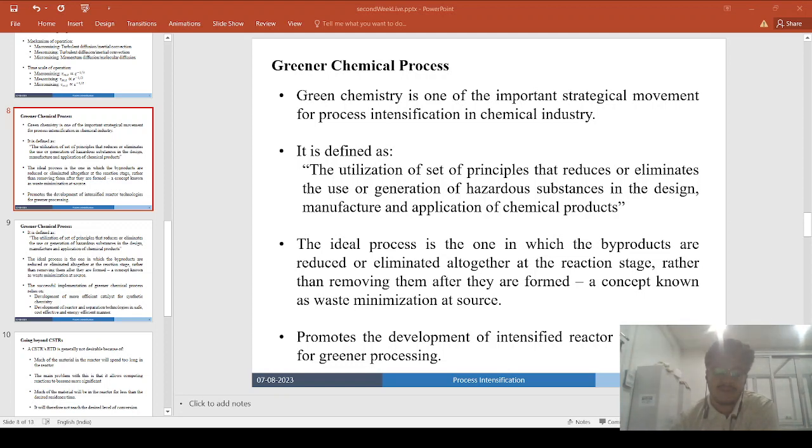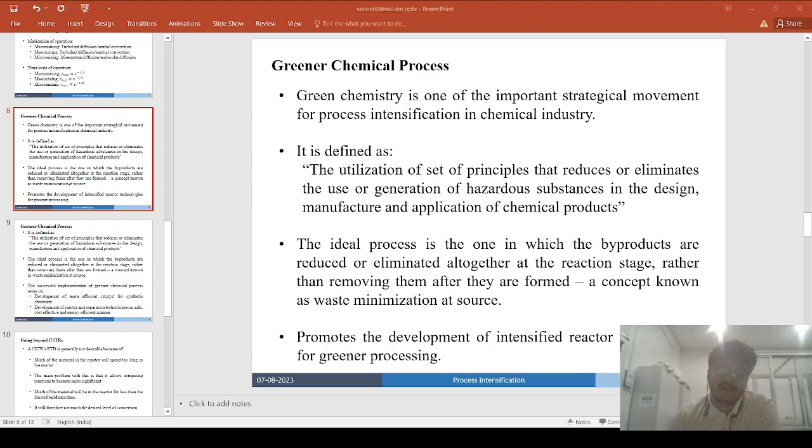This entire line summarizes the idiom that prevention is better than the cure, because the ideal process is the one in which the byproducts are reduced or eliminated altogether at the reaction stage itself, rather than removing them after they are formed, which is the whole crux of the movement known as waste minimization at source itself.